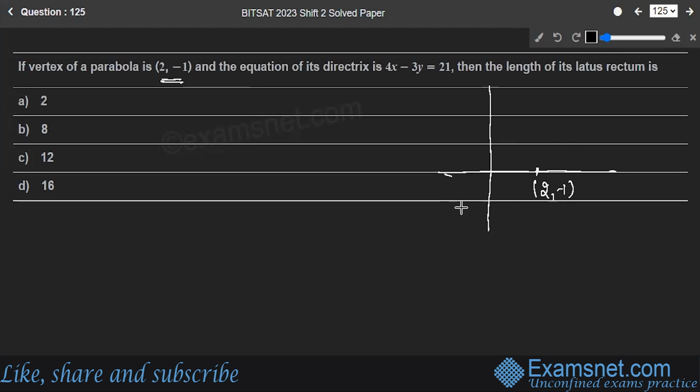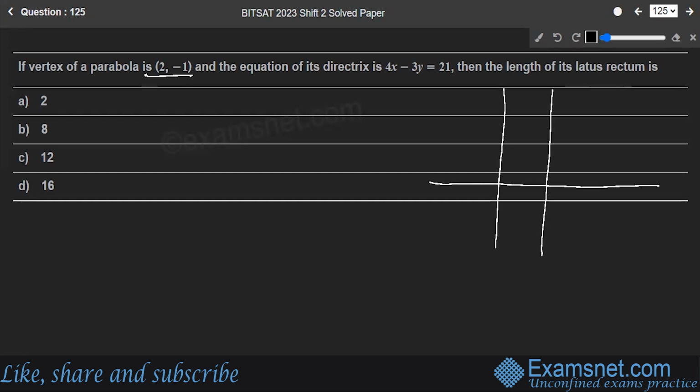Let me check. You're given that the vertex of the parabola is this. So if this is the parabola, this is the directrix, and this is the axis.